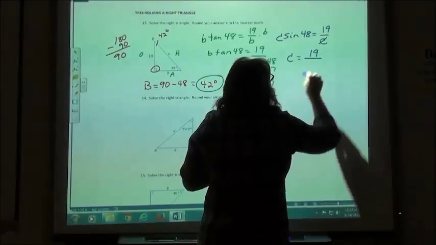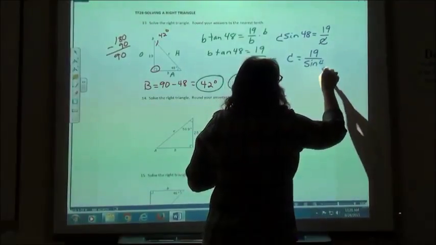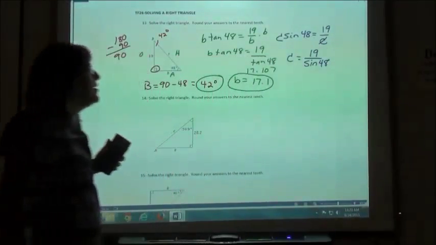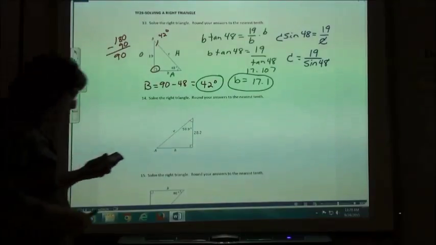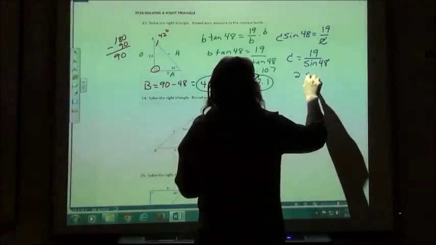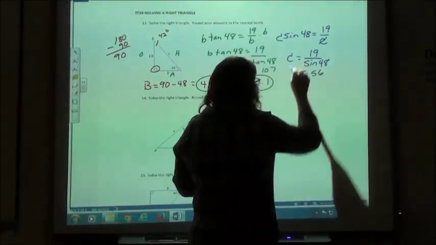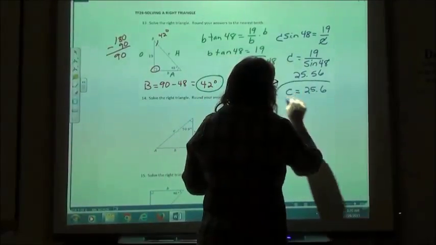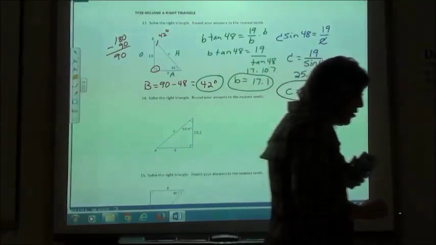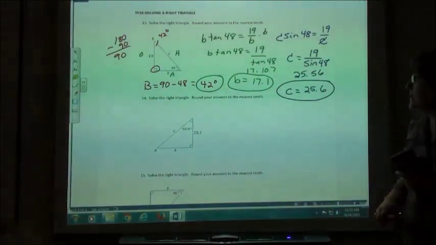So C is going to equal 19 divided by the sine of 48. If you don't mind, I'll skip a few steps to save myself some room. Multiply by the C, then divide by the sine of 48. So 19 divided by the sine of 48 gives me 25.56. So rounding to the nearest tenth, 25.6 is going to be my answer for how long side C is.